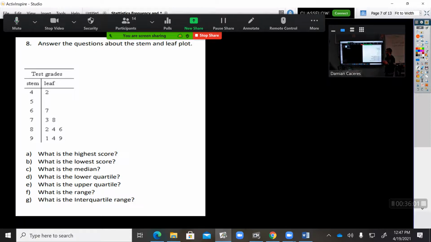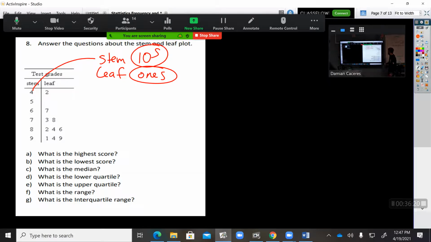So, first of all, how you read a stem and leaf plot is pretty simple. In this case, the stem is the tens place and the leaf is the ones place. Sometimes the stem is a hundreds place, but the plot tells you.